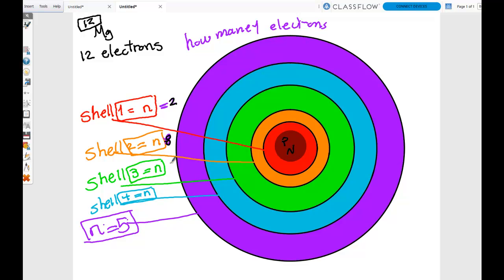Shell number 3 takes 18 electrons. Shell number 4 takes 32 electrons. Shell number 5 takes 50 electrons.